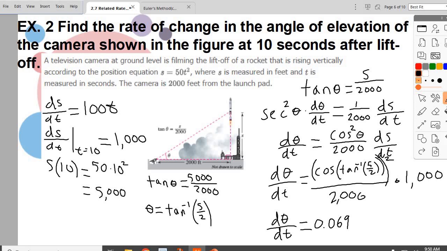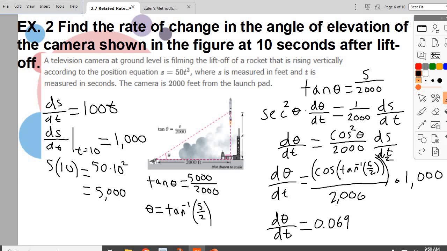So this number divided by that times that is still just going to be a number. And again, because that's the rate of change, not necessarily the angle itself. If I just typed in tangent inverse of 5 halves, that would be the actual angle at that time, but it's asking how much the angle is changing, and so that does just need to be a number.